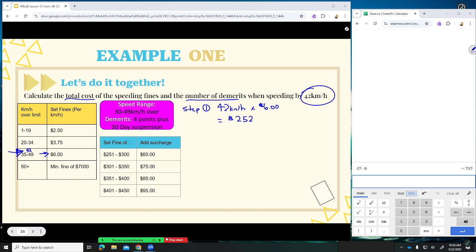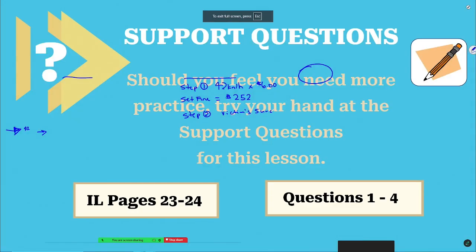But we know that that is simply our set fine. Step 2 is to determine the victim surcharge. Oh my goodness, what is happening with my board?